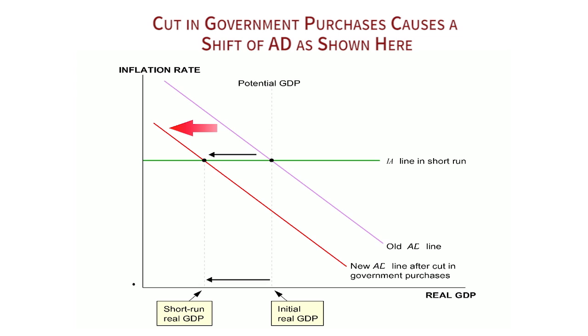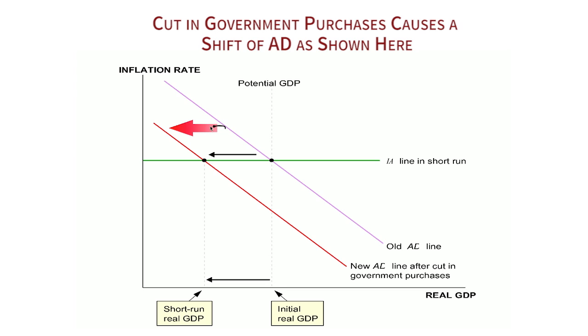So the initial impact of the cut in government purchases and how it shifts the AD curve to the left is shown in this diagram. The aggregate demand curve, labeled old AD, is where you start, and that's intersecting the inflation adjustment line at potential GDP. That's where we start. Then there's a shift in the curve to the left because of the decline in government purchases.